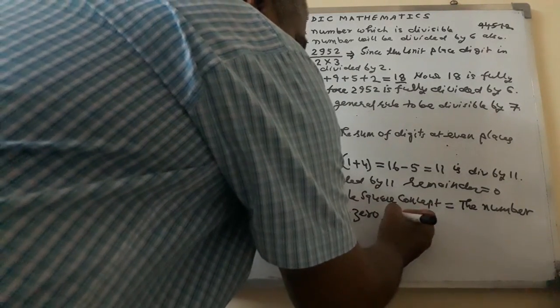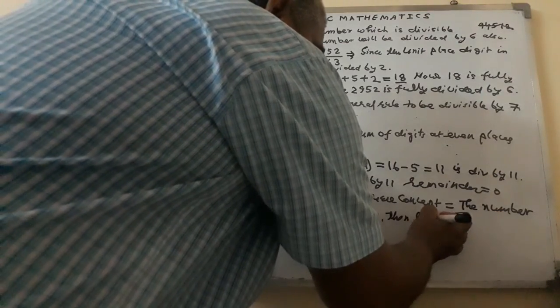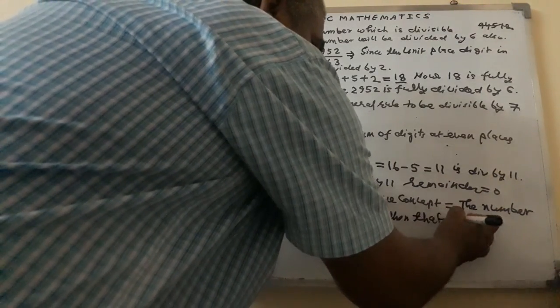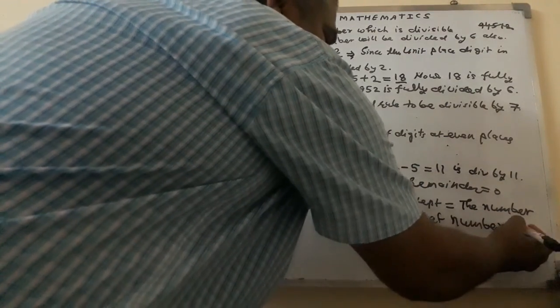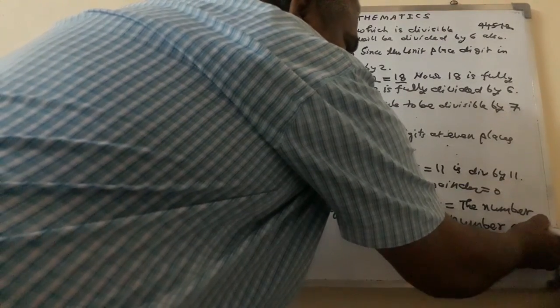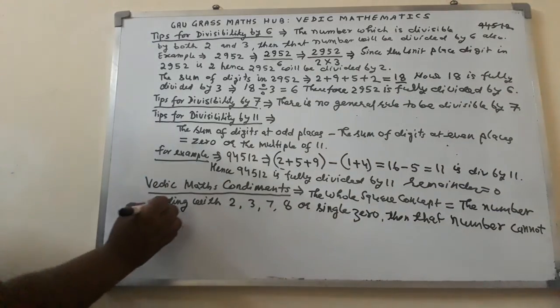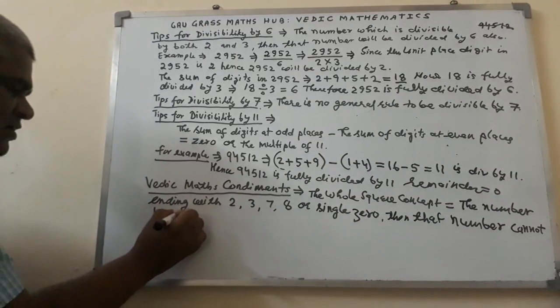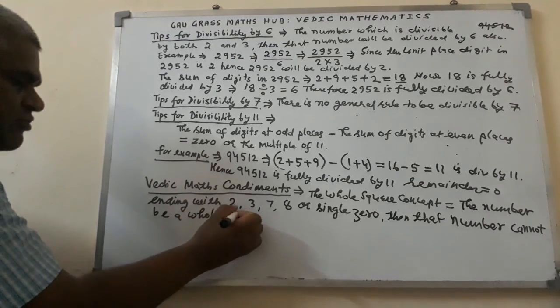In this case, that number can't be a whole square.